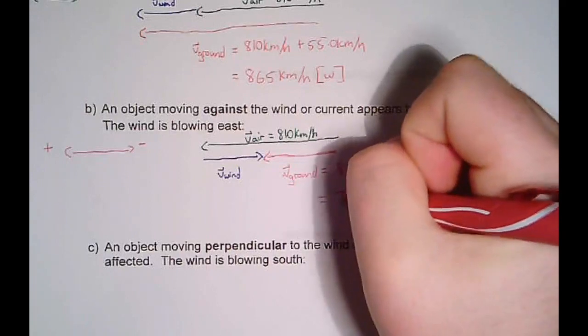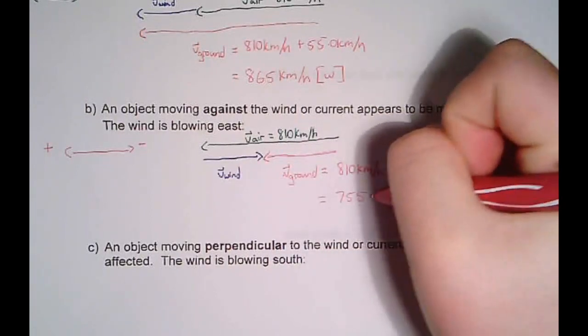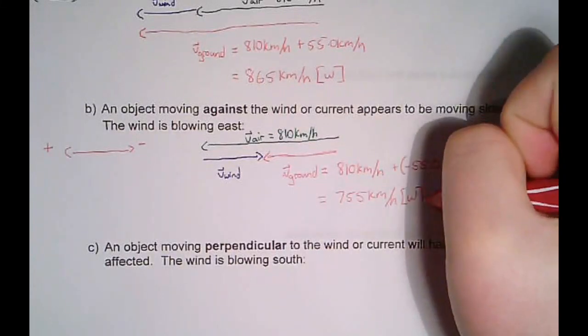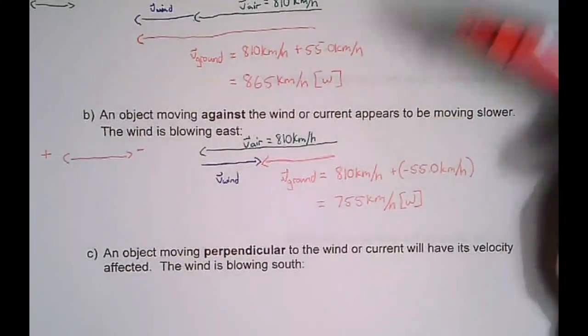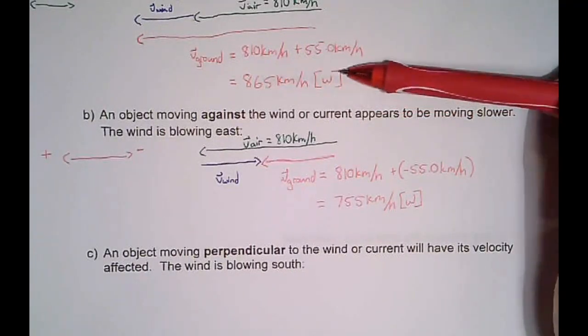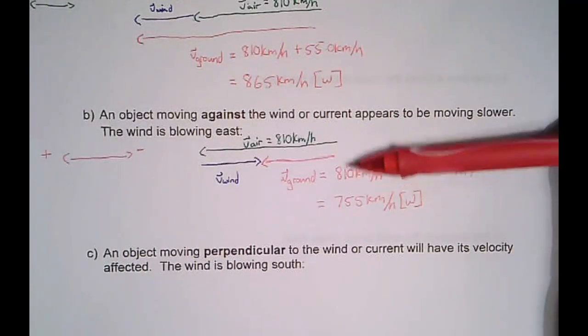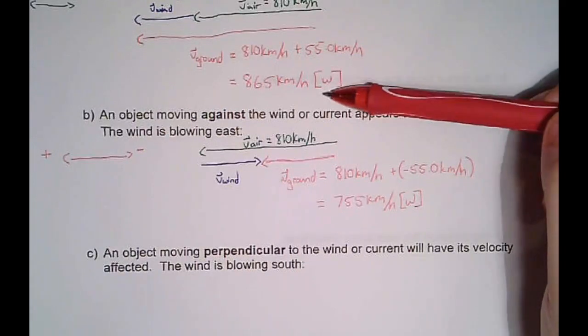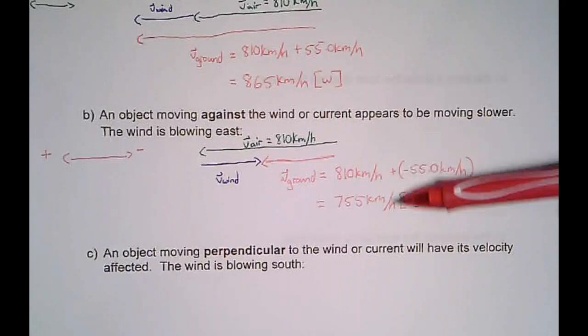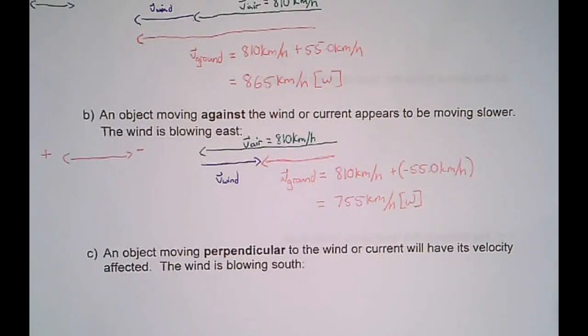That's going to give us a speed of 755 kilometers per hour to the west. This is why when you take airplanes, for example, if you're flying from Edmonton to Toronto, it's usually a lot faster flying from Edmonton to Toronto than from Toronto back to Edmonton. It's the way the air currents generally work in Canada.